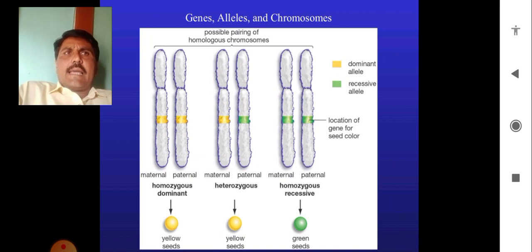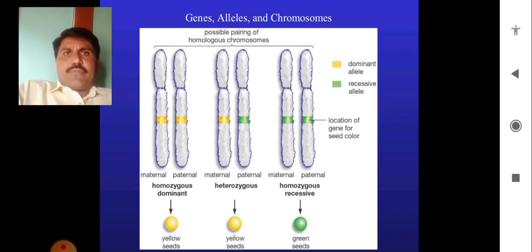Genes, alleles, and chromosomes. Possible pairing of homologous chromosomes is shown in these diagrams. You see three pairs of chromosomes. Each pair consists of a maternal as well as a paternal chromosome.